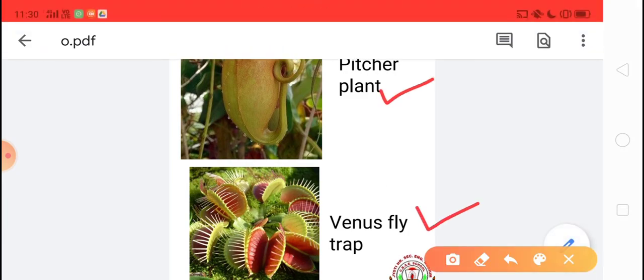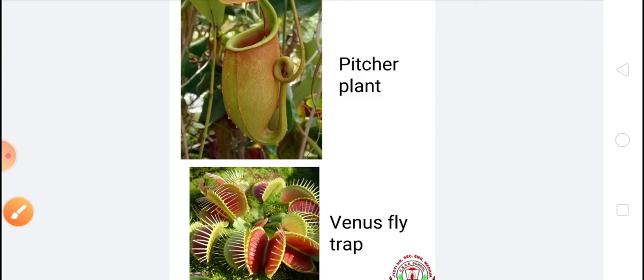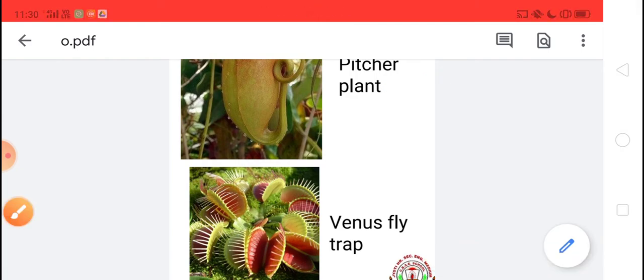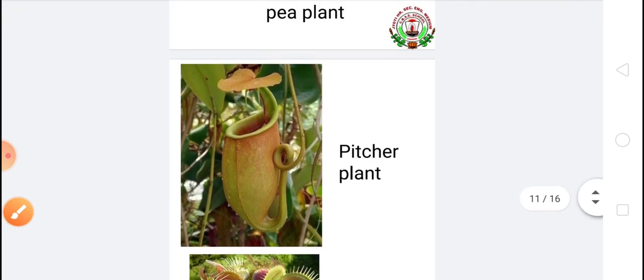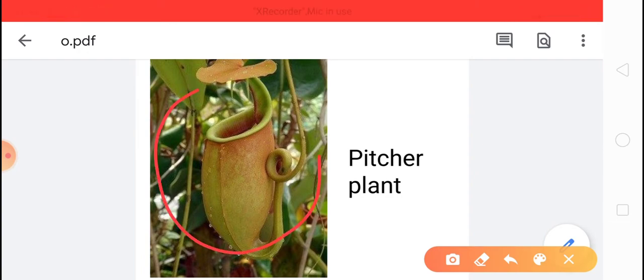These plants derive their nutrition from the trapped insects. In the pitcher plant, the leaf gets changed into a pitcher-like structure, and the insects are trapped in the pitcher.